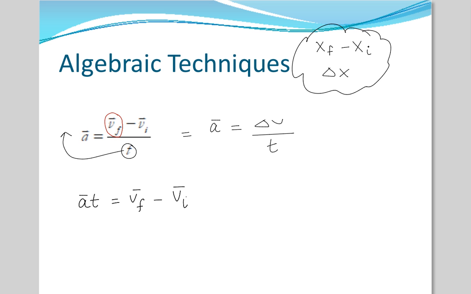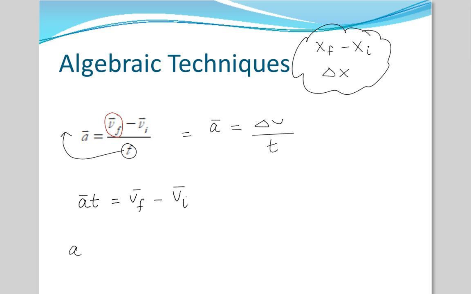What do I need to do to that VI? Move VI to the other side. Right now, VI is negative or positive? Right now it's negative, so it needs to go to the other side as a positive. So on the other side, VI is positive.